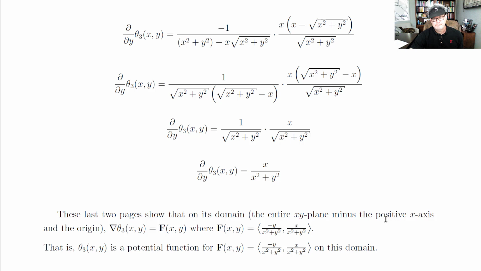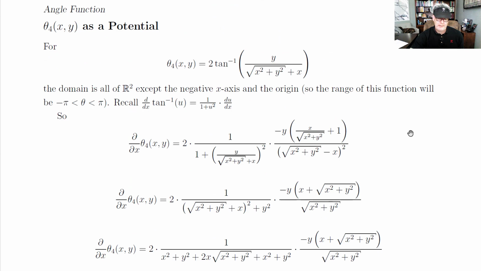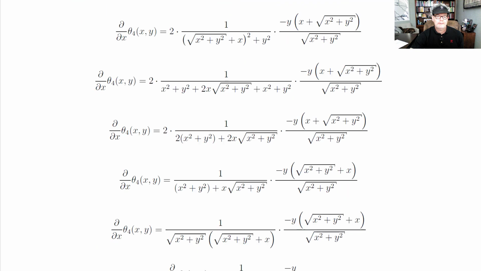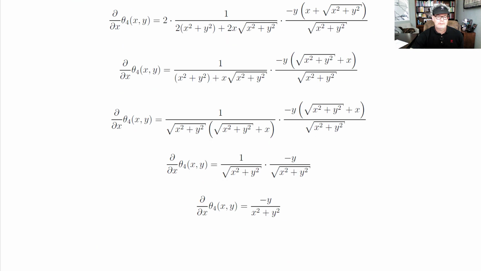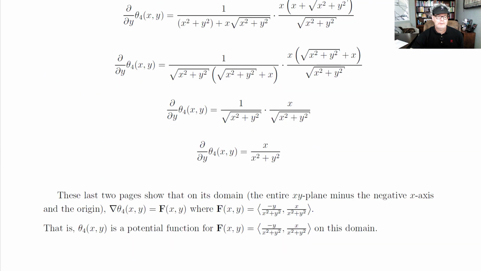So it's a potential, but you've got sort of a line that you can't cross. But for curves that don't cross that line, you can use this as a potential. Or you can use the arctan one, so this one with the range negative pi to pi. This works. So again, if you want to do all the gory details, the x partial and the y partial.